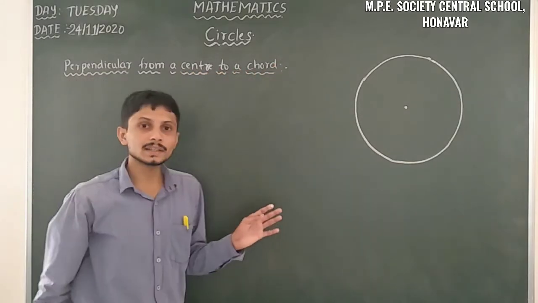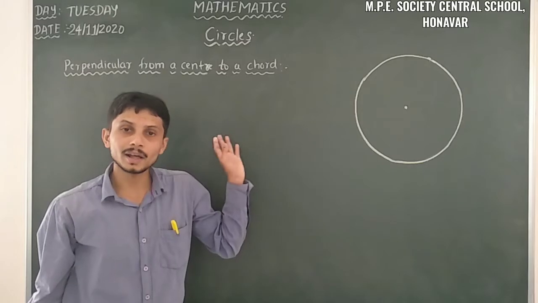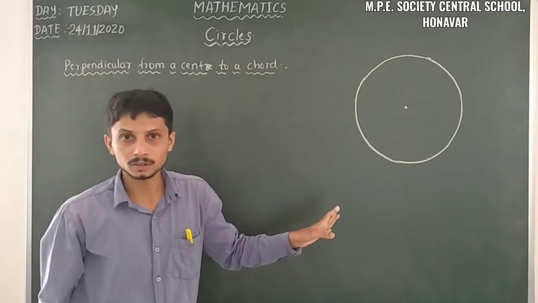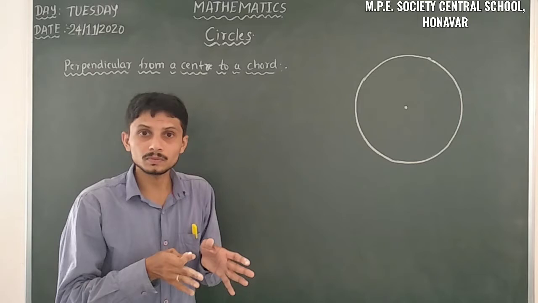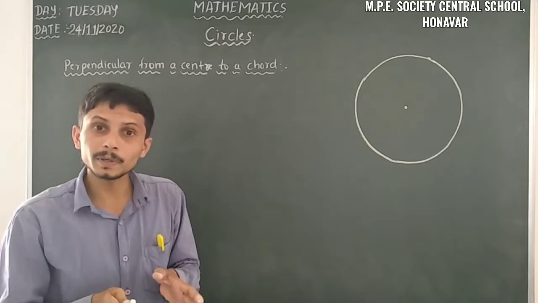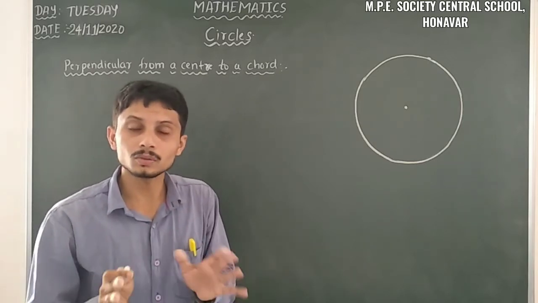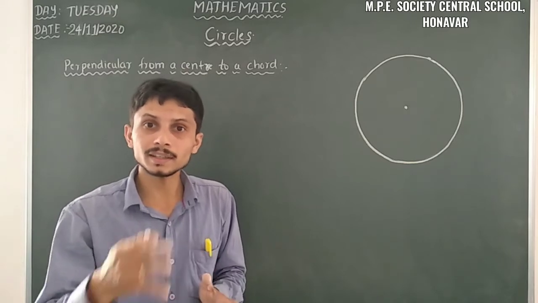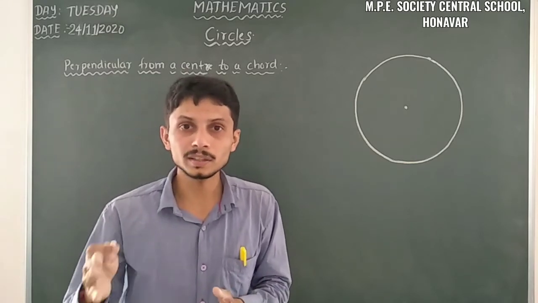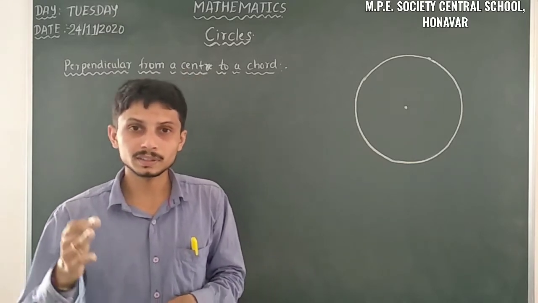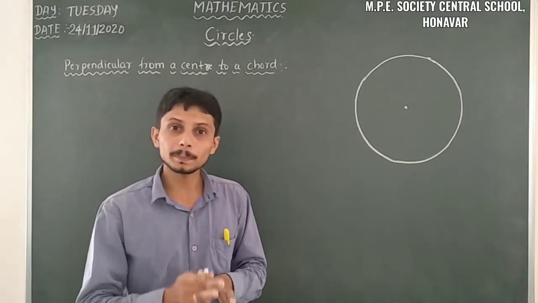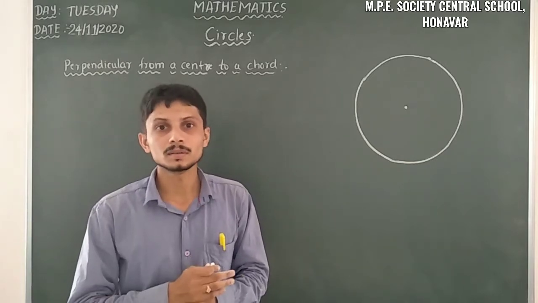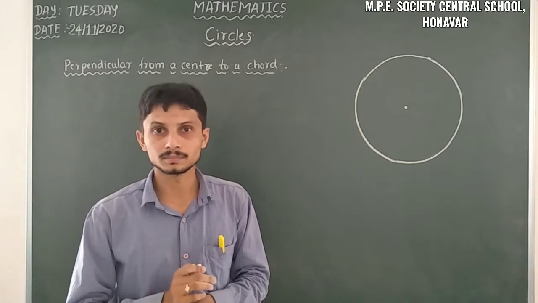Here we have to take a chord and also draw a perpendicular from the center. What happens is that the perpendicular bisects the chord into two equal parts. That is the statement of the next theorem, theorem 10.3. Theorem 10.3 states that the perpendicular drawn from the center of the circle to a chord bisects the chord.